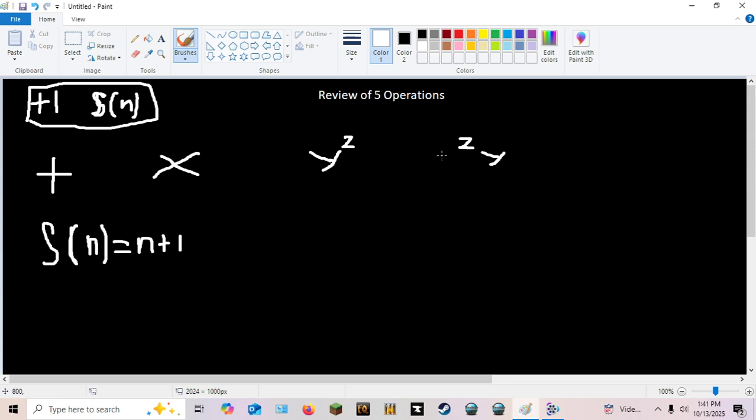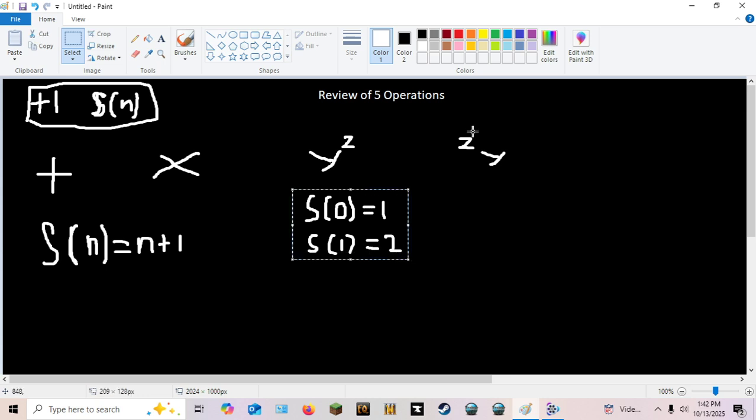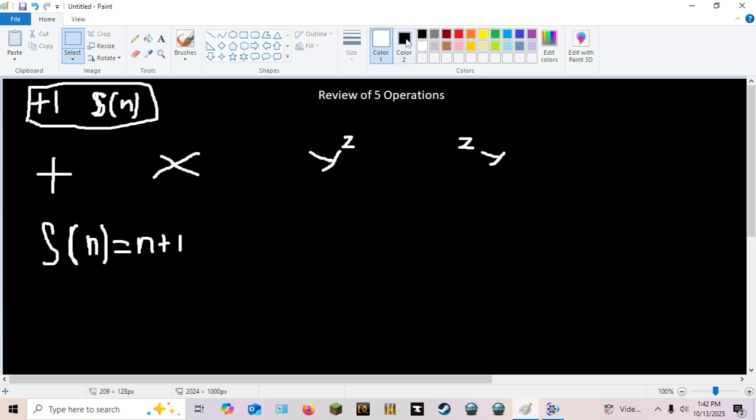So let me do that over here, okay? S of 0. What is 0 plus 1? 0 plus 1 equals 1. Then what is S of 1? 1 plus 1 equals 2. Simple, right? But what if we have like S then 0? So let's evaluate that.